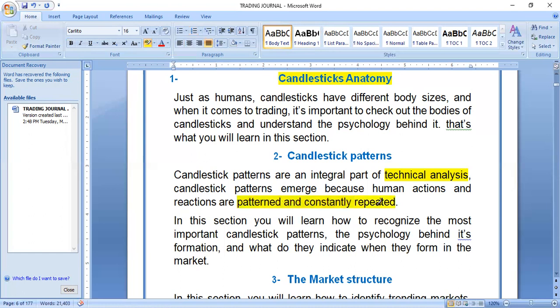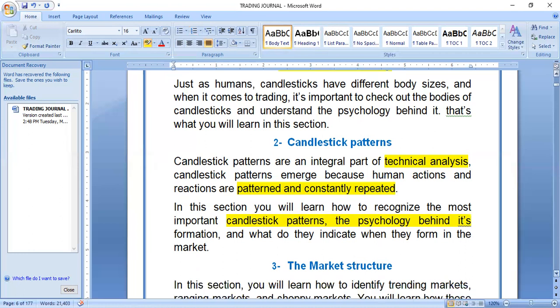In this section, we'll learn how to recognize the most important candlestick patterns, the psychology behind their formation, and what they indicate when they form in the market. So those are the key points in this chapter of candlestick patterns.